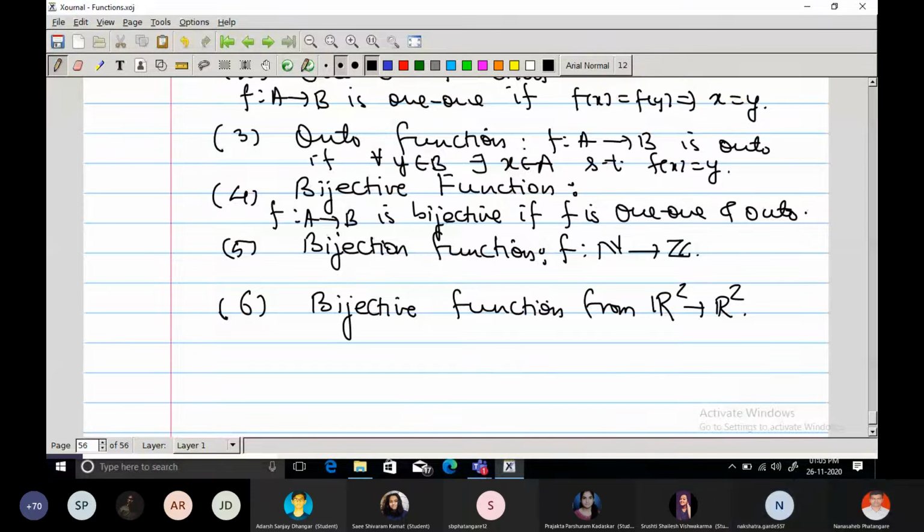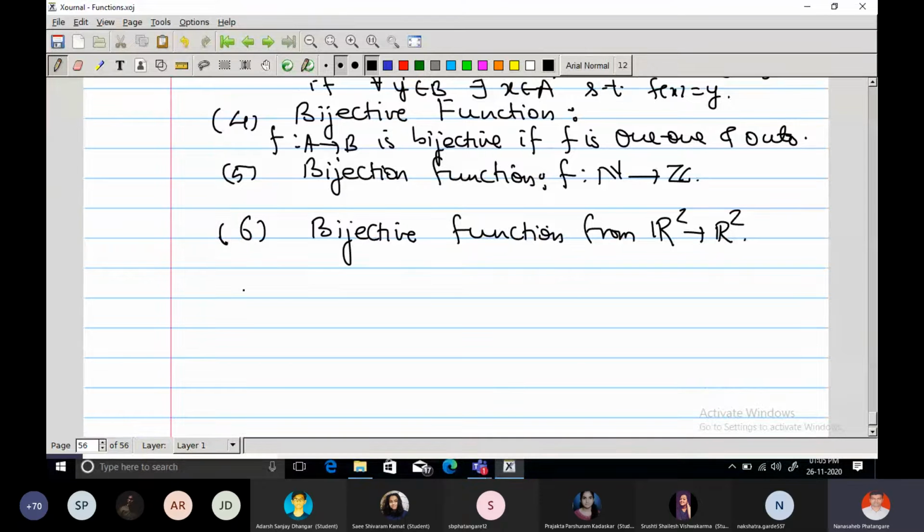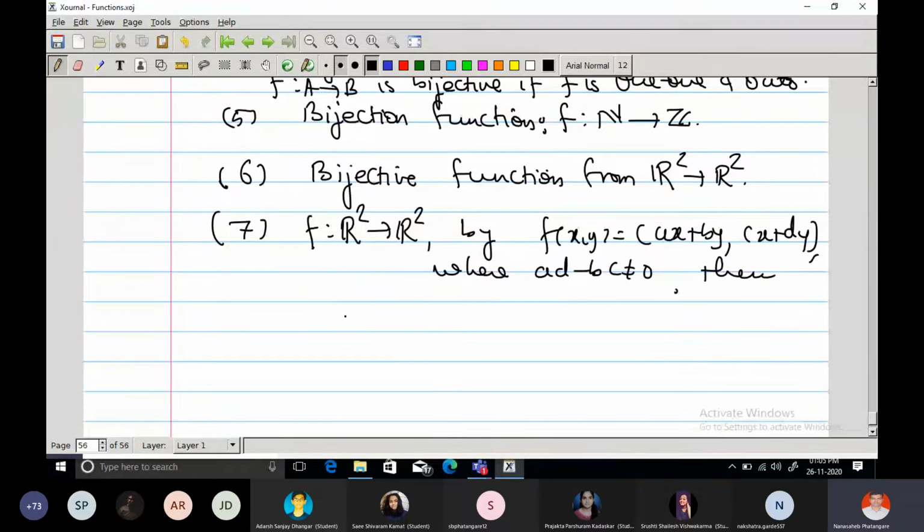Yes, sir. If we define a function from R2 to R2 by f(x,y) = (ax + by, cx + dy), where ad minus bc is not equal to 0, then we saw that f is a bijective function.